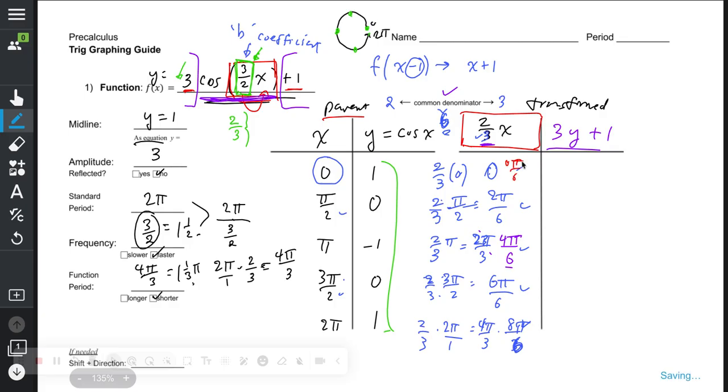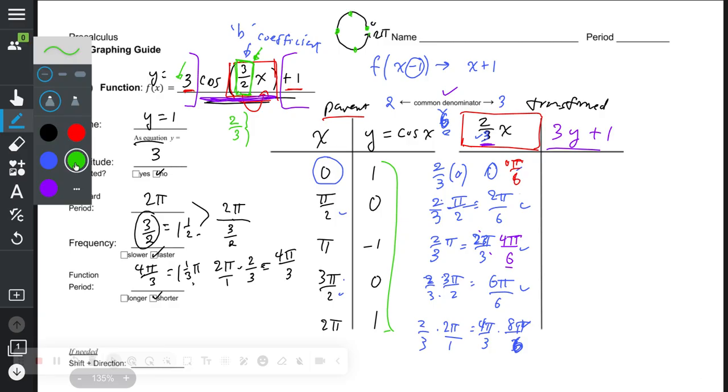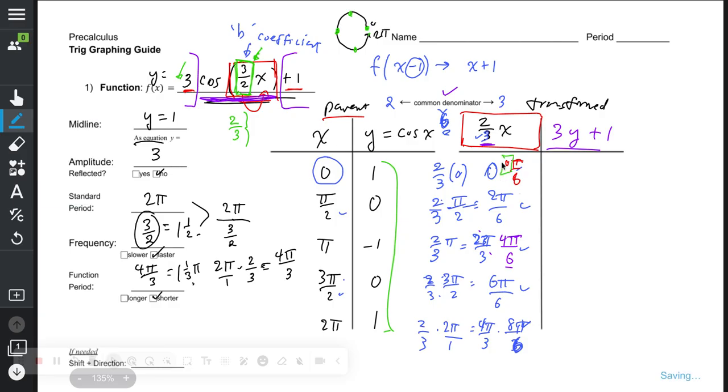The reason this is good to do is because now you can look at the numerators and see if it fits a pattern. Look, 0, 2, 4, 6, 8. Each step is 2. 0 to 2 to 4, 6, 8. It's very easy to make a mistake somewhere over here.